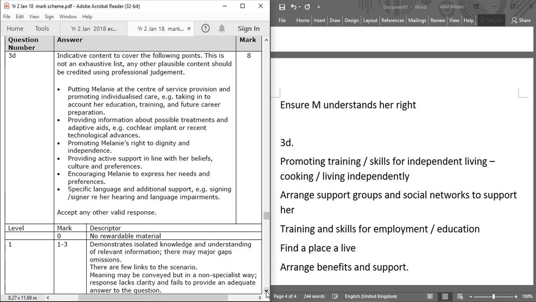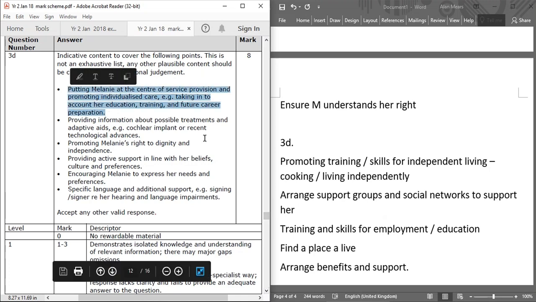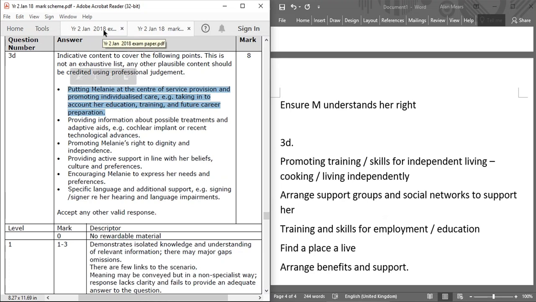I may not have picked up all the marks in this question because I've stuck to the practical, but I would still have picked up a few marks, hopefully at least half the marks, covering the training side of her support. But accepting a valid answer, hopefully that would allow it to be accepted and credited.